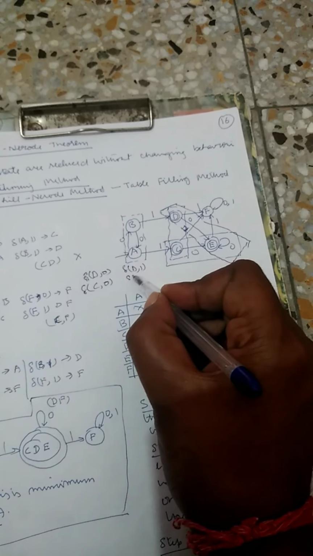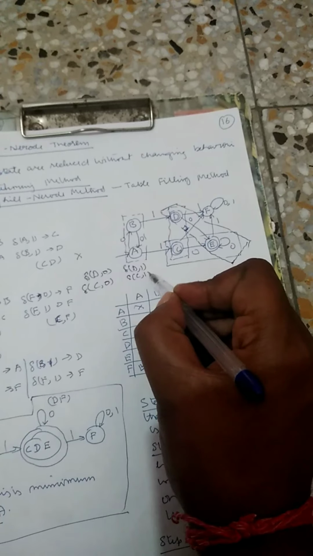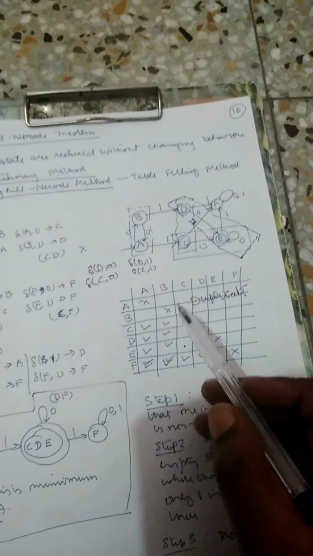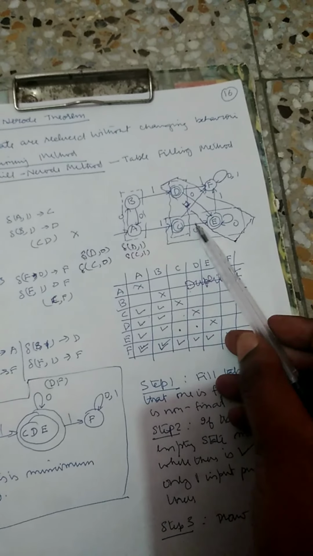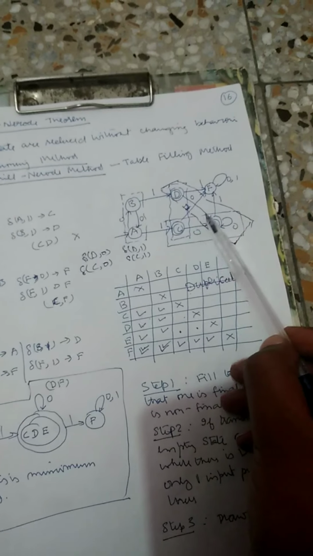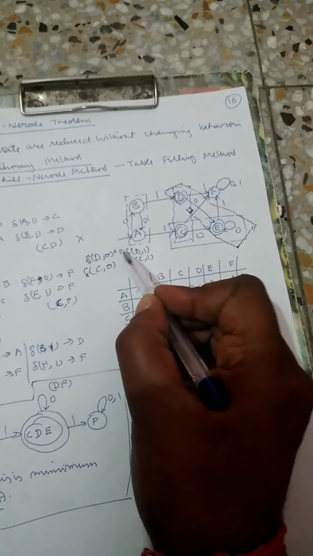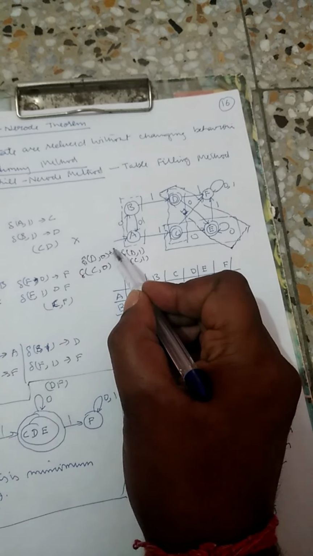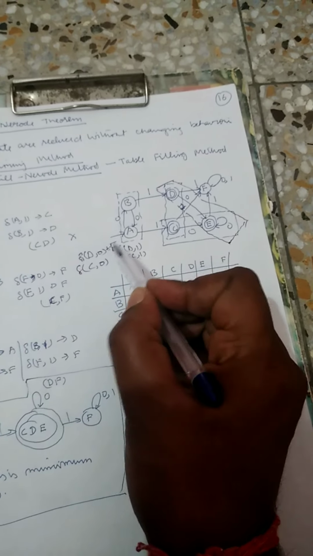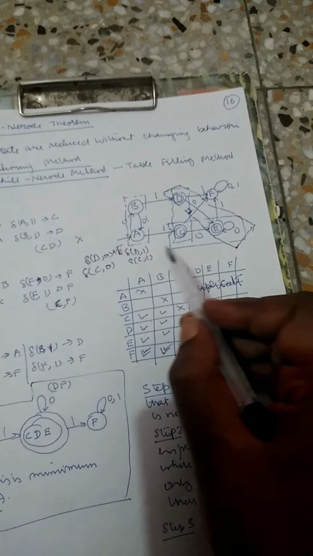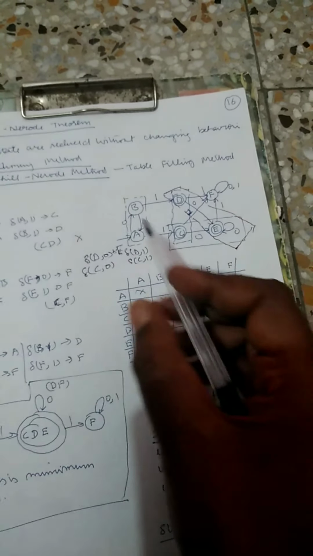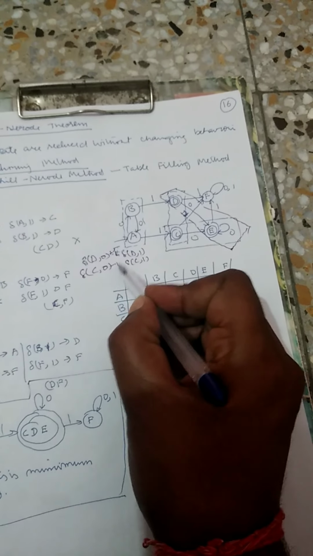D on 0 leads to E, and C on 0 is F. So we got the set EF. What is EF?